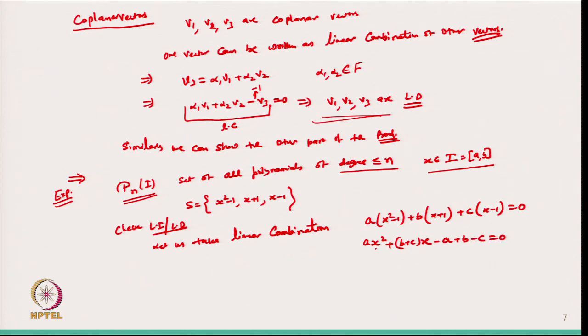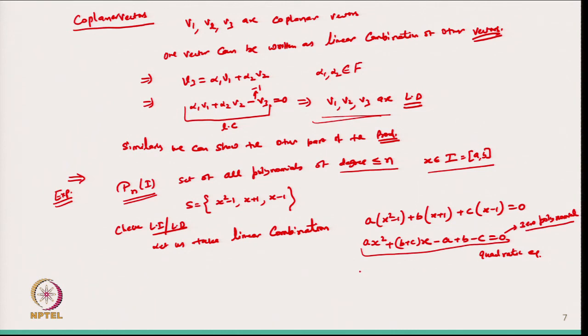So, in this case it is my quadratic equation, and this 0 is the zero polynomial, because I am choosing that from this vector space.